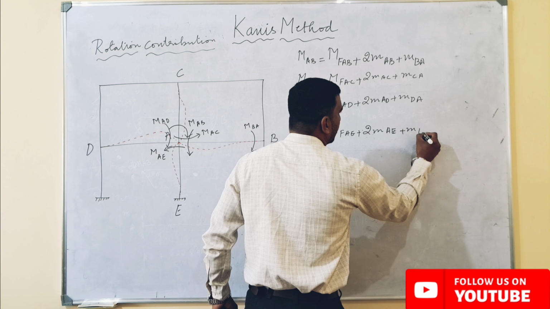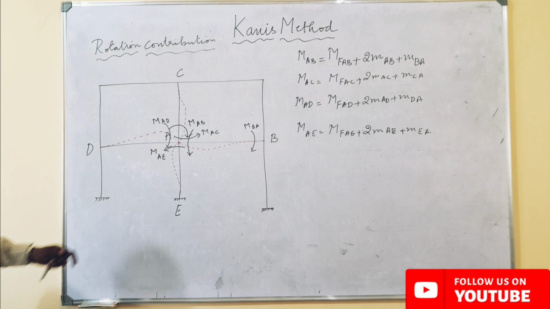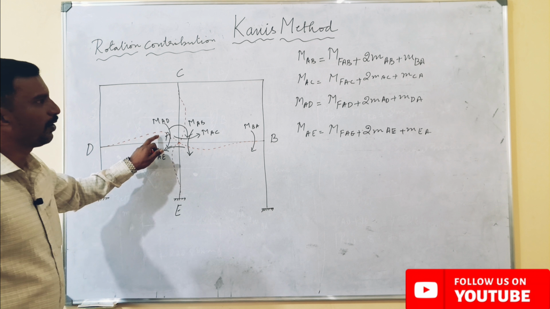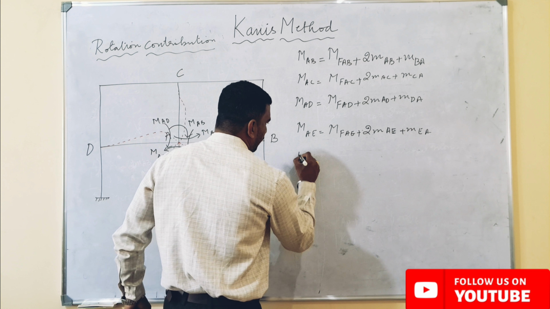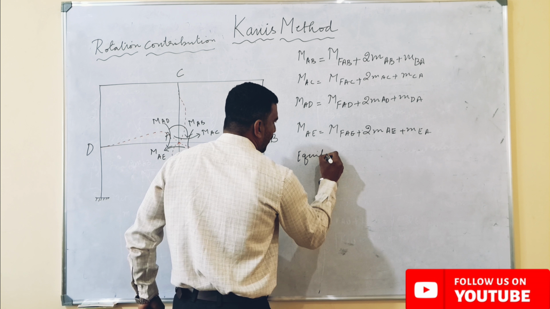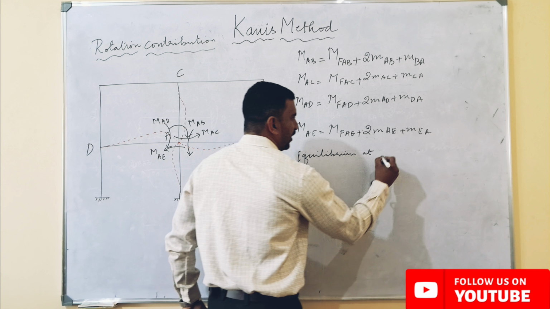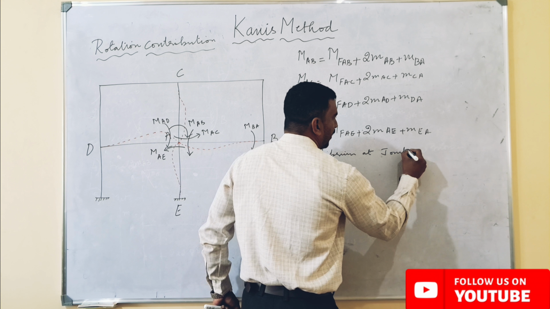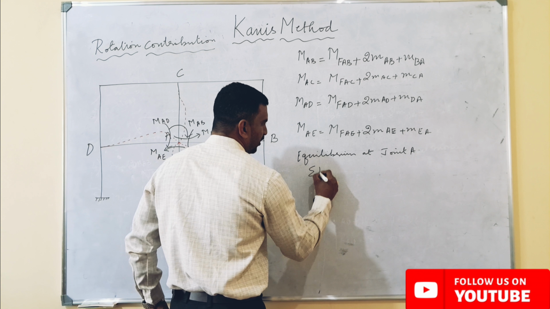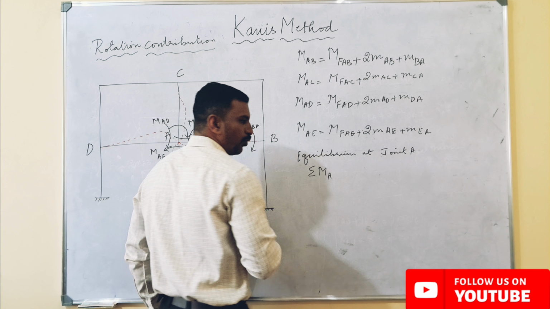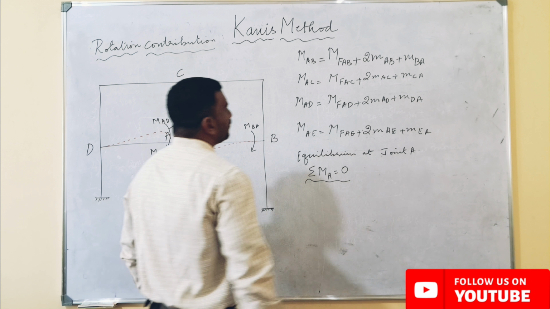Now, about this joint A, for the equilibrium at joint A, the summation of all the moments about point A should be equal to 0.